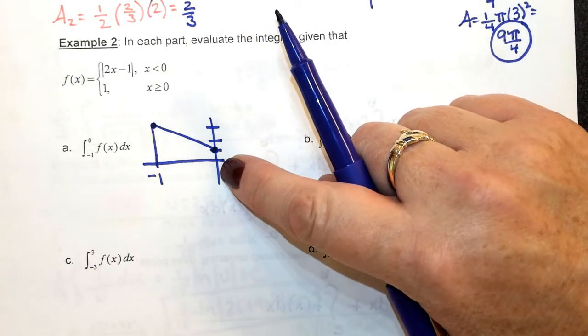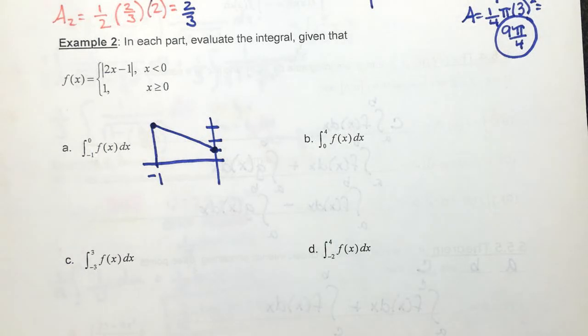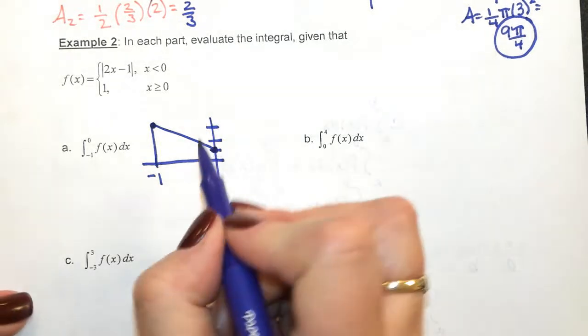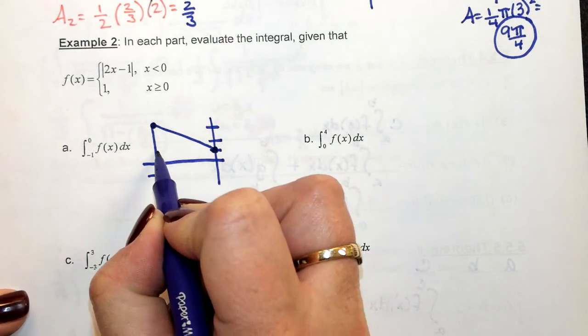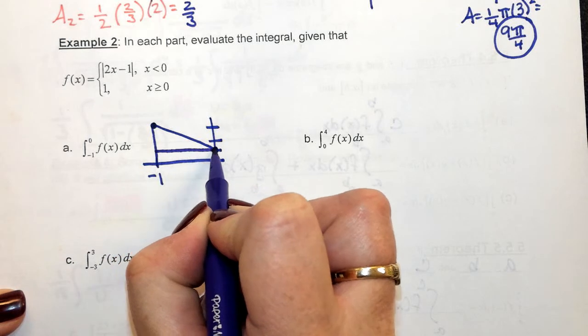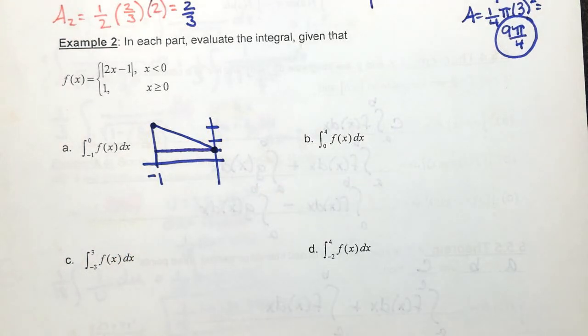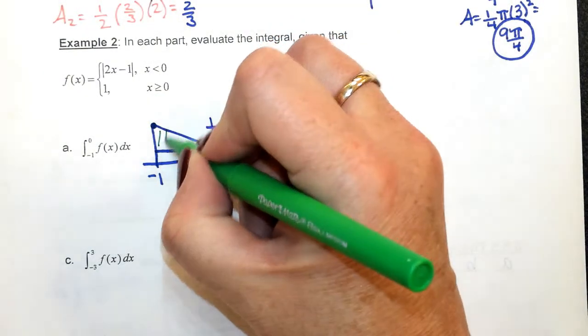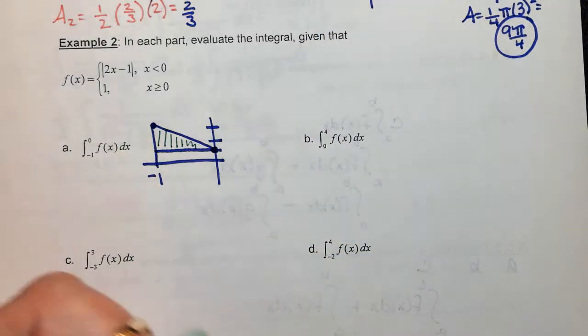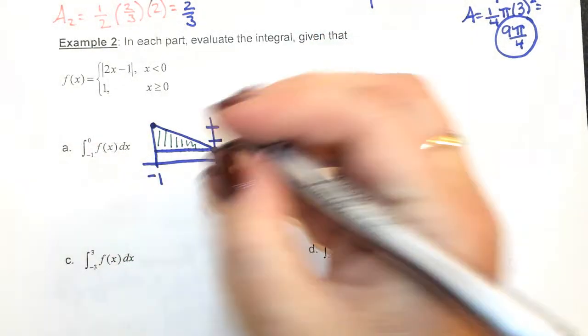So what you may have to do is take this region and divide it up into two different types of geometric shapes that I could calculate the area for. So for example, since this point is right up here, 1, what I can do is divide this region up into a triangle and then into a rectangle. And then I can calculate the area of each individual shape. So I can calculate the area of the triangle, and then I can add it to the area of the rectangle.